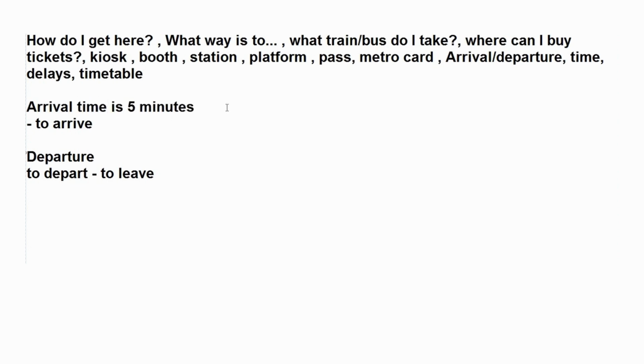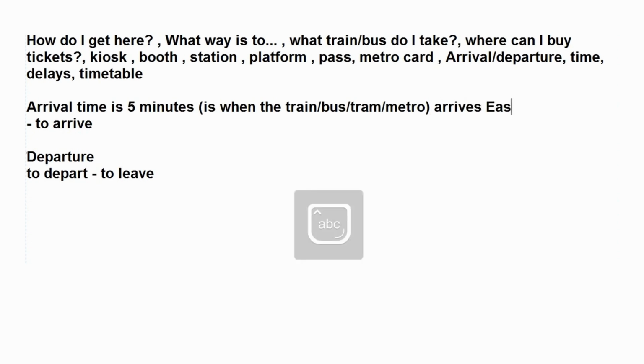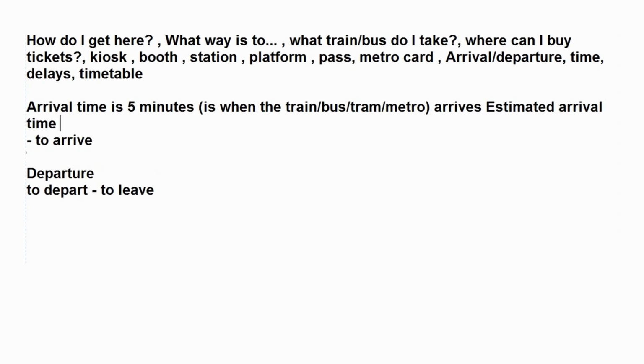So arrival time is when the train or bus or tram or metro, whatever, okay, arrives, okay? The estimated arrival time, okay? So make sure you got the time right.